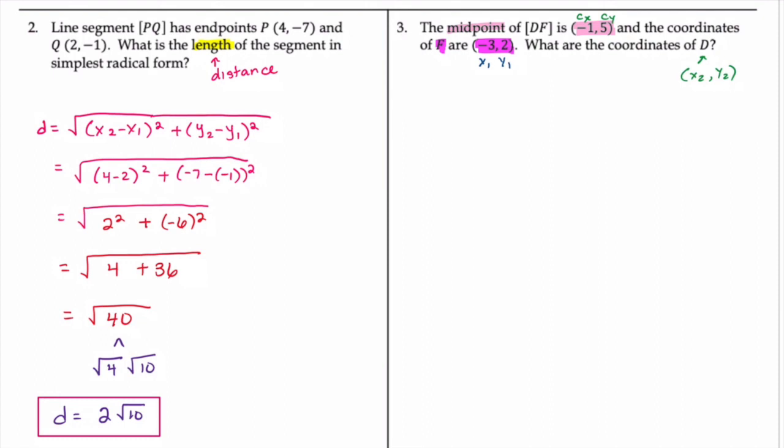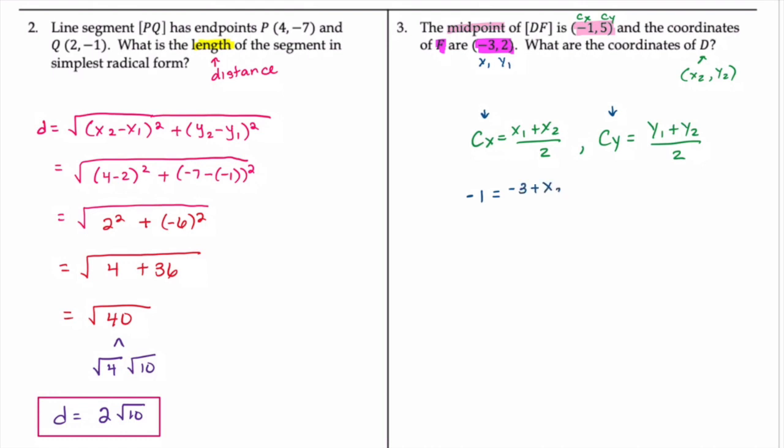So to find the midpoint, we add up the x's, divide by 2. To find the coordinate of the y, we add up the y's and divide by 2. Now in this case, they gave us the midpoint itself, so they gave us the final answer, c sub x and c sub y. I am going to substitute my c sub x and my x sub 1.